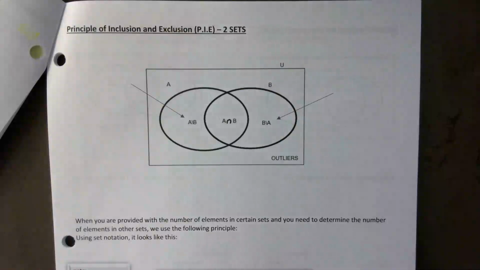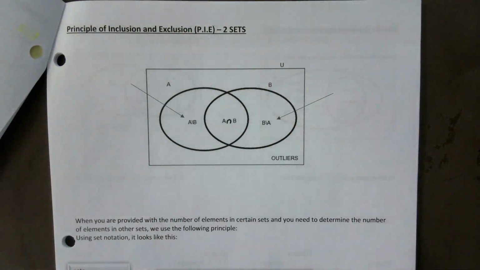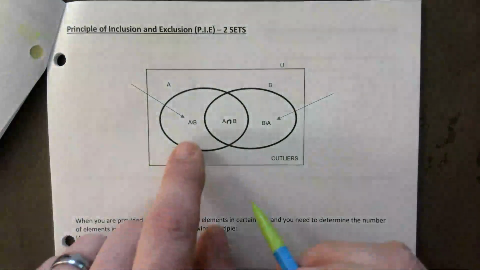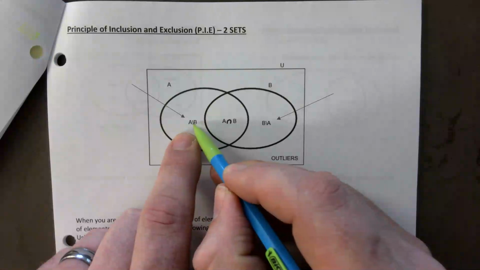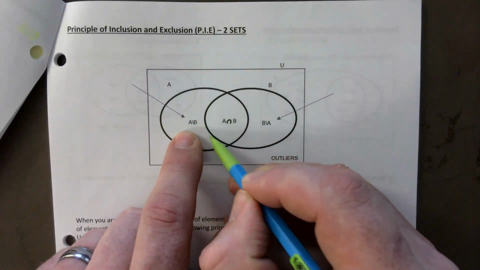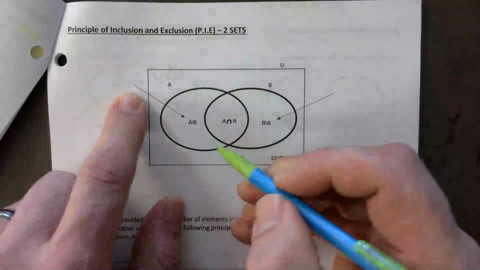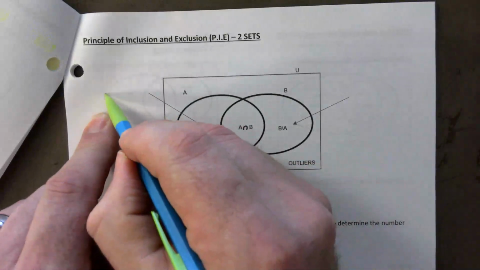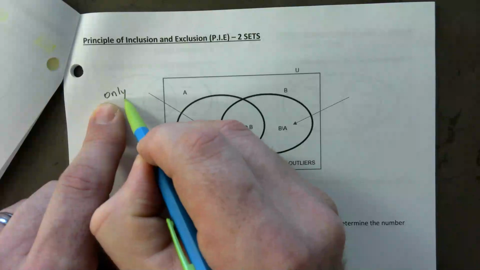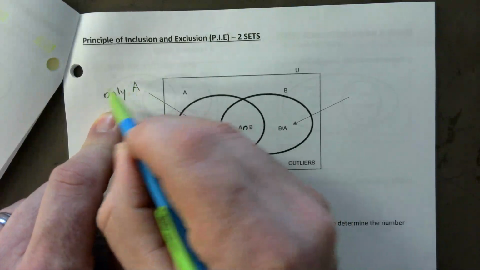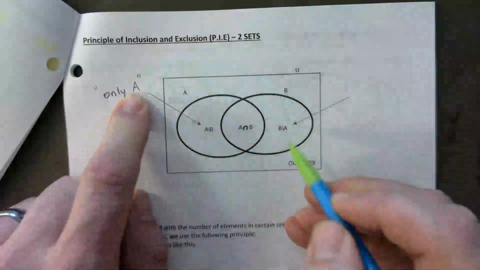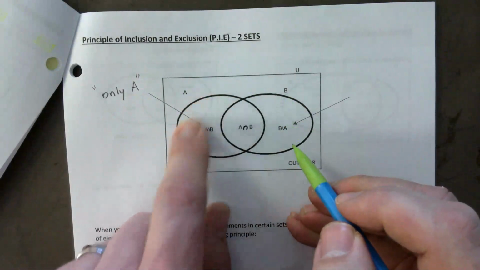Let me just get my notes in order here. And so when I refer to A not B, it's just referring to this section here. So I'll just write that out here. The word problem, because this is where we're going, this is saying only A, this section right here, that crescent.